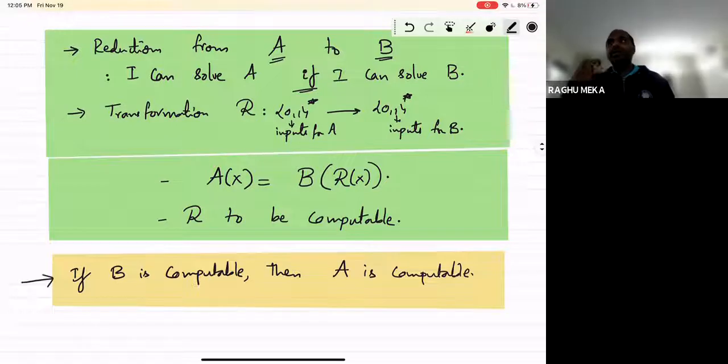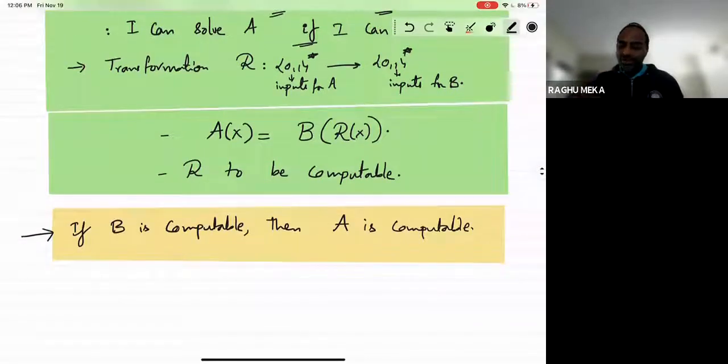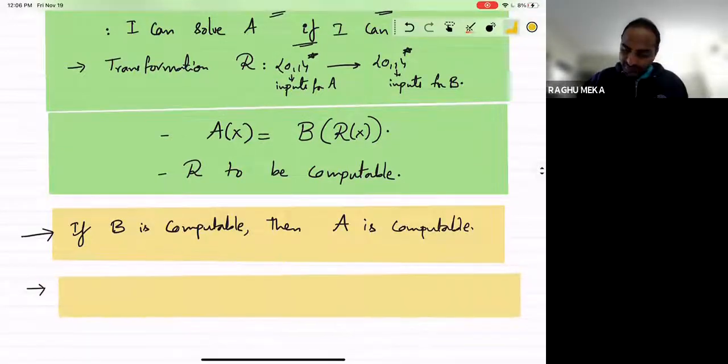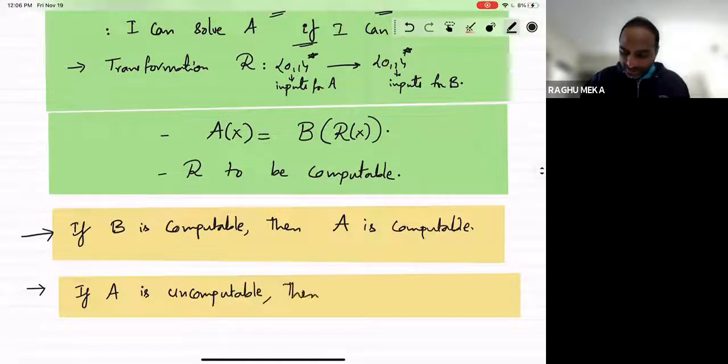If somehow I can compute B, there is a Turing machine for solving B, then I can use that machine combined with this reduction R to solve the problem A. And the contrapositive of this, which is how we many times use reductions, is if A is uncomputable, meaning A is hard, then B is uncomputable.